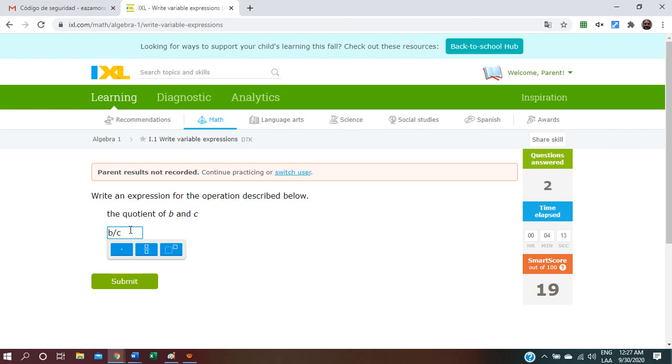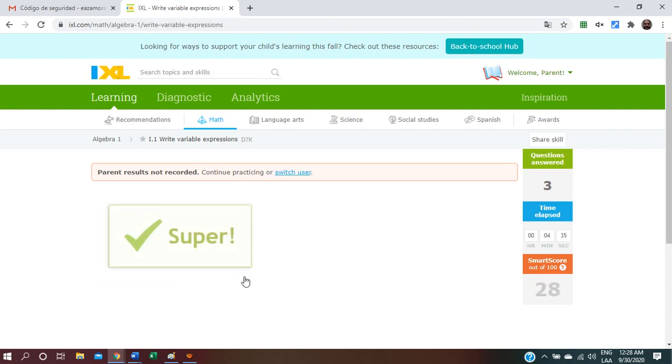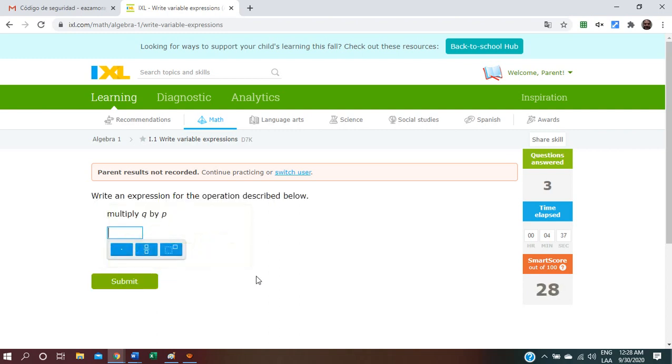Another way that we can do this is by using these buttons. We can hit this button that lets us write a fraction. Remember, fractions are divisions, so this is b divided by c. We submit our answer and super.